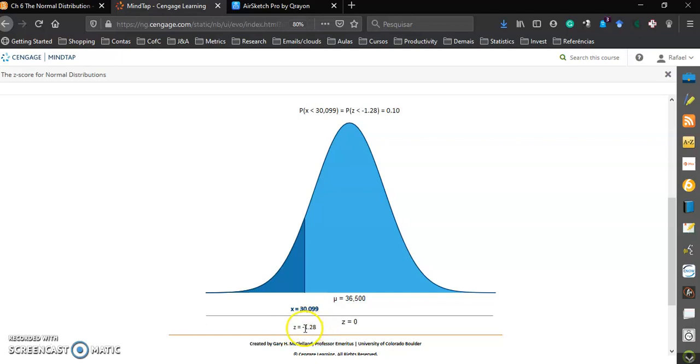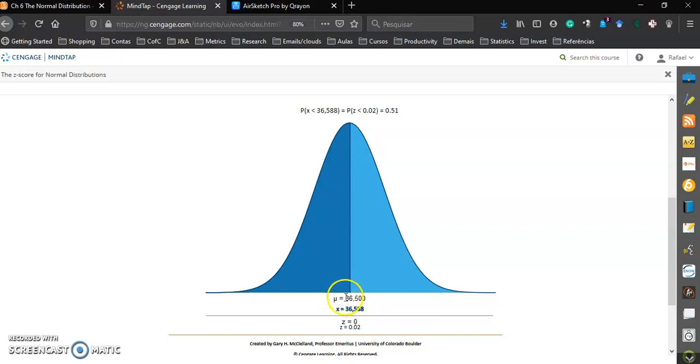Okay, so this is my z-score, and then let's imagine that I have another figure here. That would be the standard normal distribution. So let's say someone has a tire with 36,588 miles.